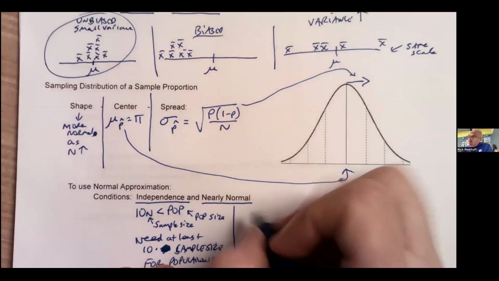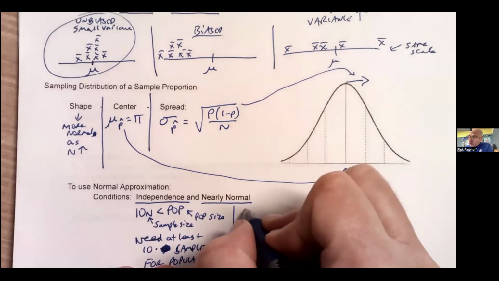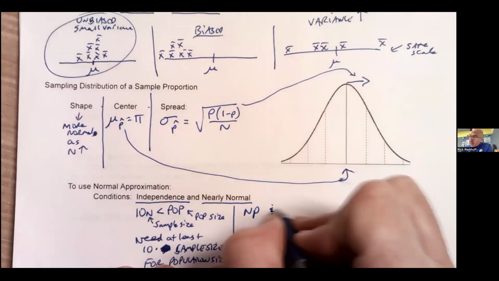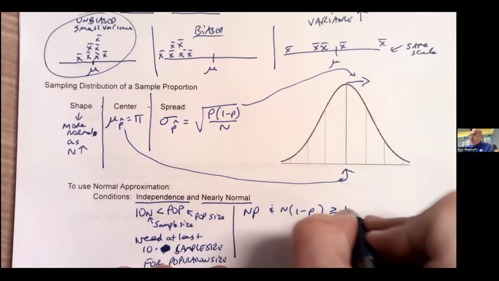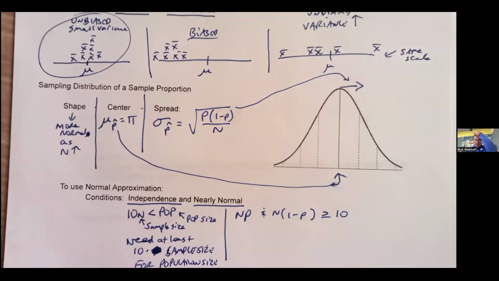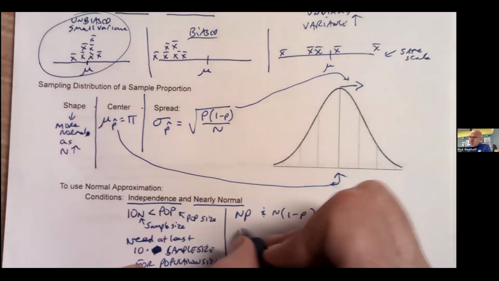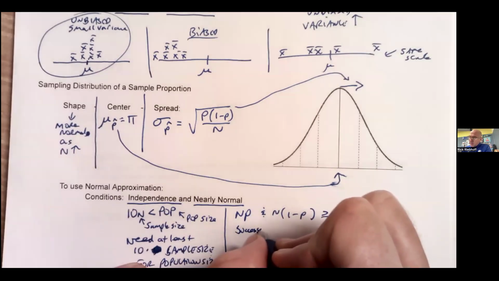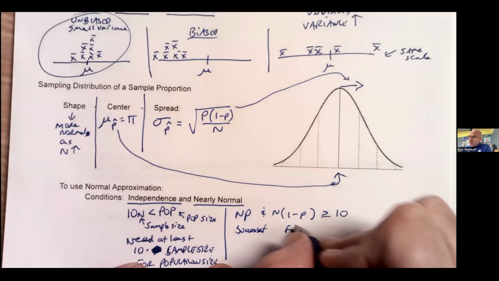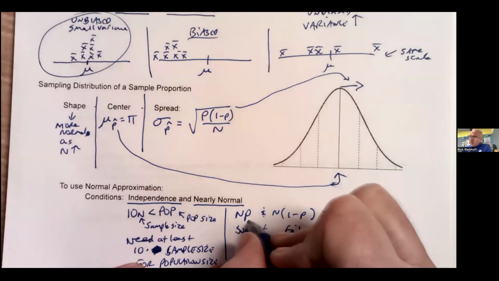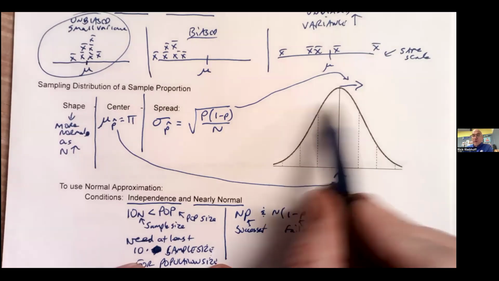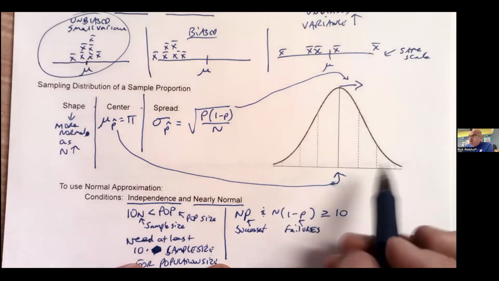Nearly normal for proportions: np and n times 1 minus p need to be greater than or equal to 10. So this is our successes, and this is our failures. This helps ensure that the sampling distribution that we're using looks fairly normal.